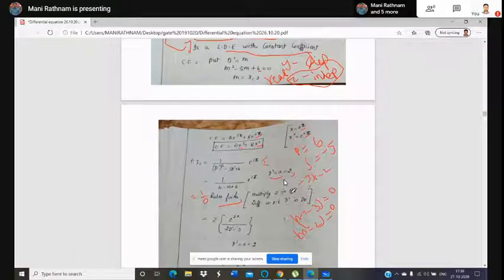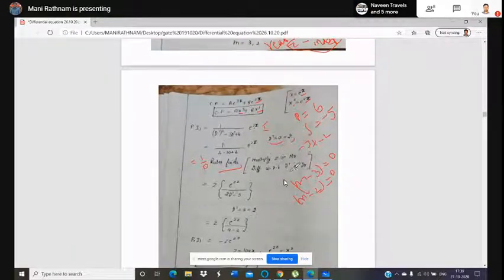So multiply z in the numerator and differentiate the denominator with respect to D'. Constant differentiation is 0. D' differentiation is 1, so 5 only. D' square: normally x square differentiation is 2x, like that D' square is 2D'. And the function e power 2z keep as itself.